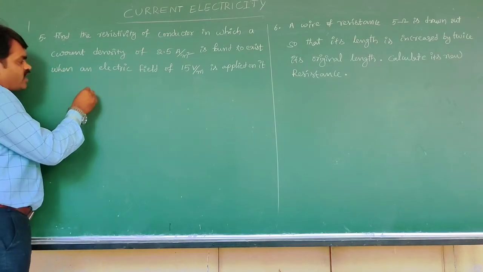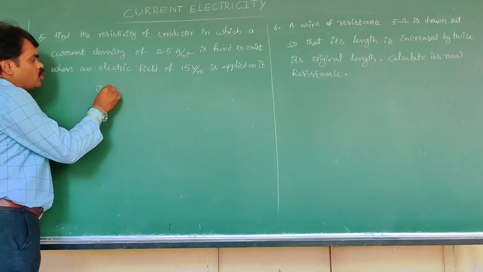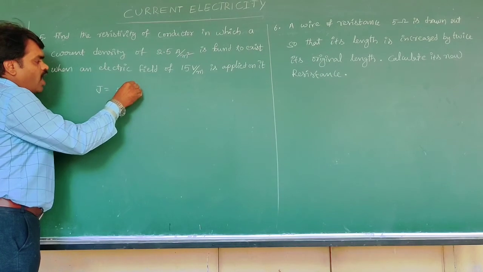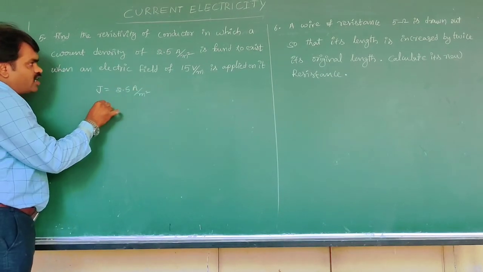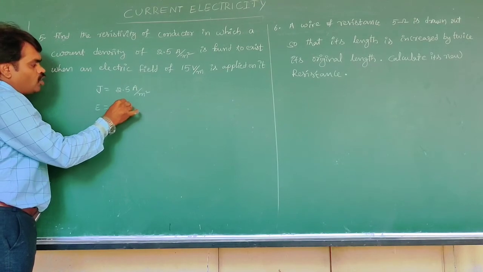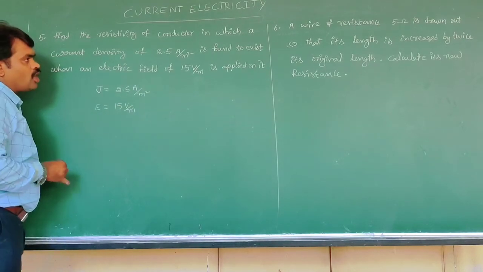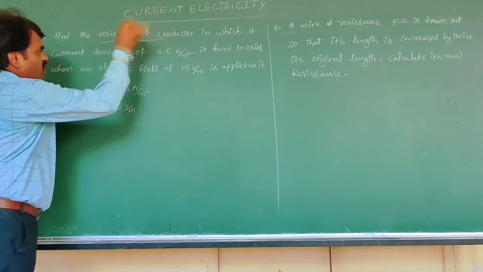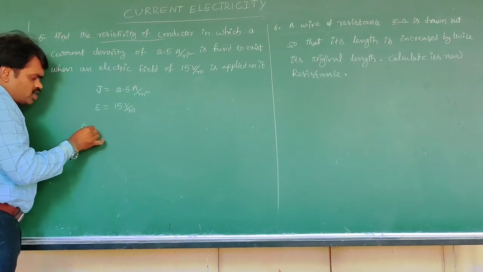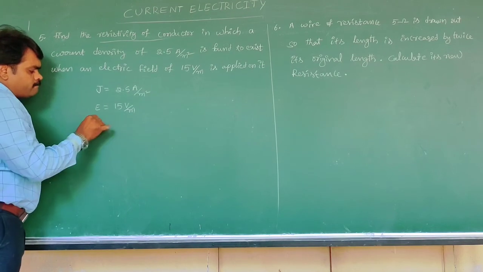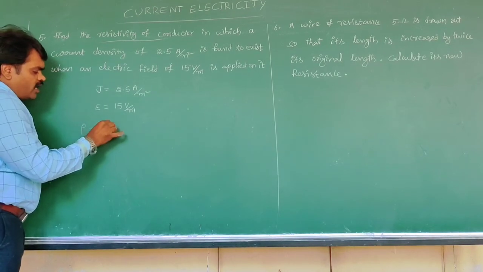Now here what they have given: current density J is equal to 2.5 ampere per meter square, electric field 15 volt per meter. Now they are asking about the resistivity of the conductor. What is the formula of resistivity? Rho is equal to RA by L.